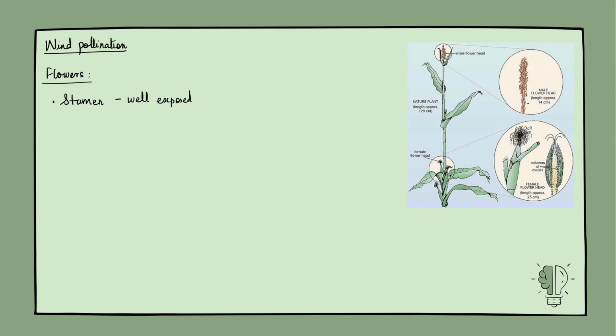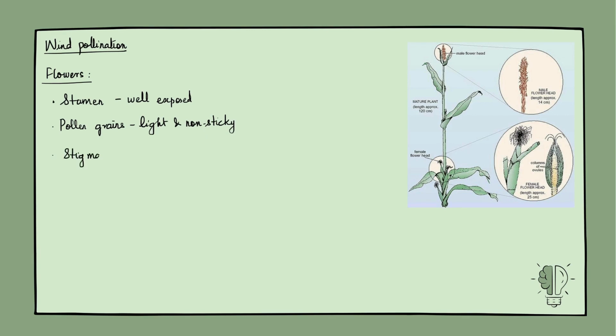In the figure, you can see that the stamen is well exposed. Their pollen grains are light and non-sticky so that they can be easily transported by the wind currents.